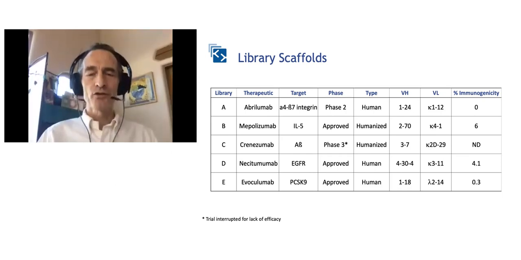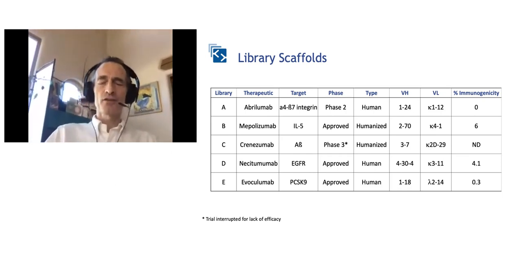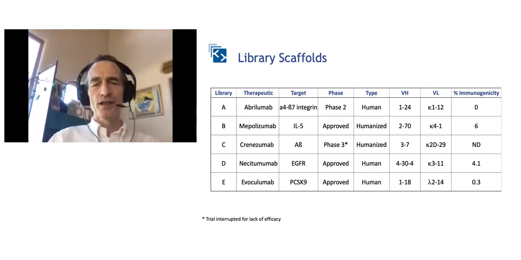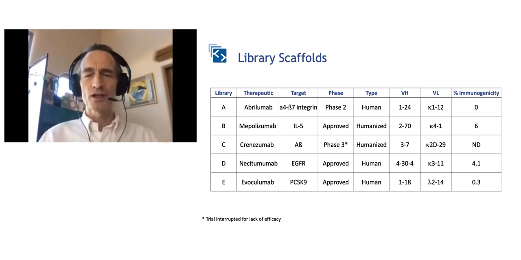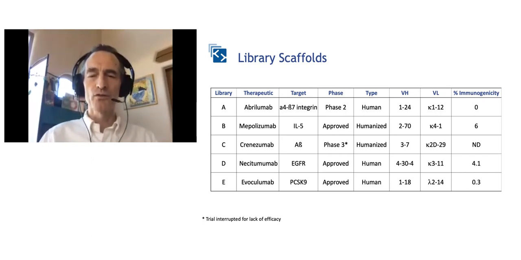What scaffolds to use? We actually have about 9 scaffolds that we've used to date. These are 5 of the original ones that we've used, and we still use these for many of the libraries. The idea here is to have diversity in the V region. So you've got VH1, VH2, VH3, VH4, and then you have the same V kappa 1, V kappa 2, V kappa 3, V kappa 4, and V lambda as well, which is combined with VH1.